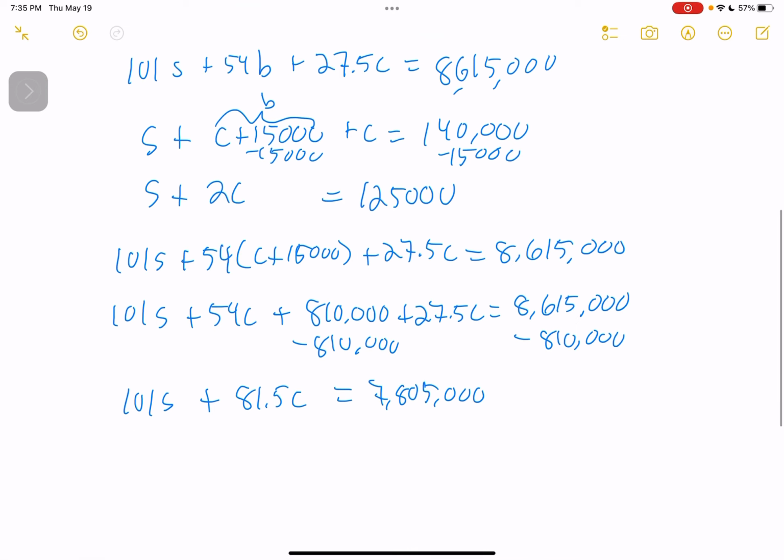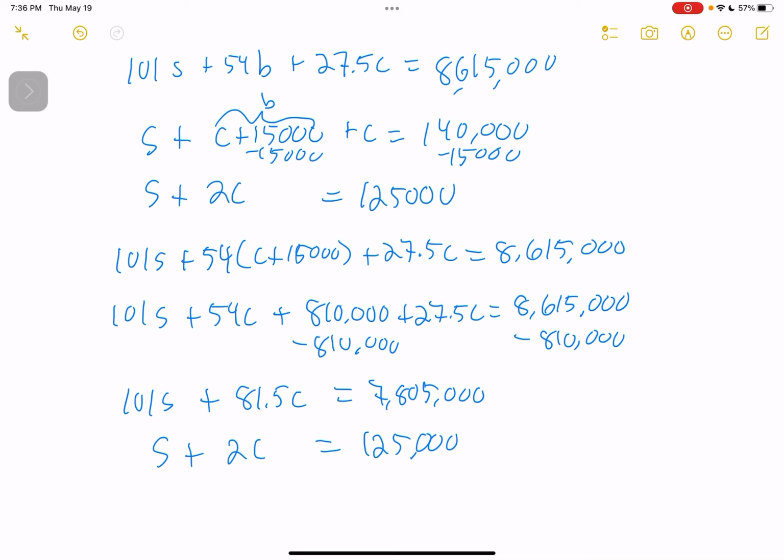Okay, so we have 2 equations now. We have this and the S plus 2C equals 125,000. I'd get rid of the S's here because that C has that 81.5, has a decimal.